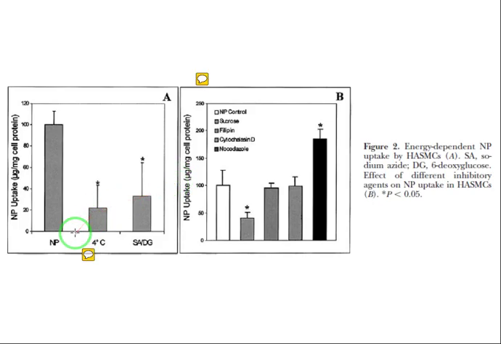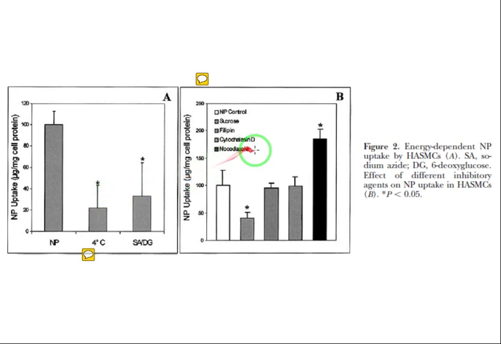As you see here, when the temperature is dropped down to 4 degrees, the conversion of the ATP into ADP is stopped, and if under those conditions the cell internalization is stopped as well, we will realize that this has been an energy mediated internalization, because by inhibiting the energy conversion, it has been stopped.